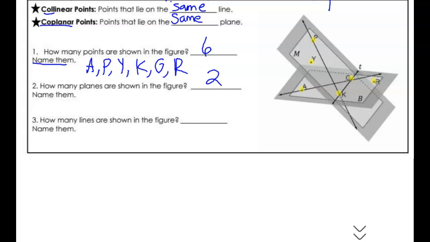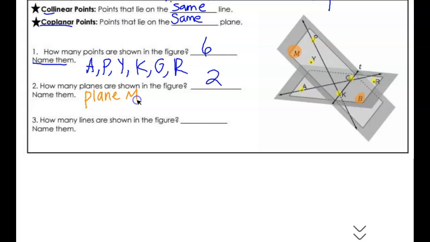And we can name them so many different ways, okay? But let's name them with the capital letters. What's the first plane? Use the capital letters. Right here. M and B. Listen, if you don't write the word plane, you get it wrong, okay?